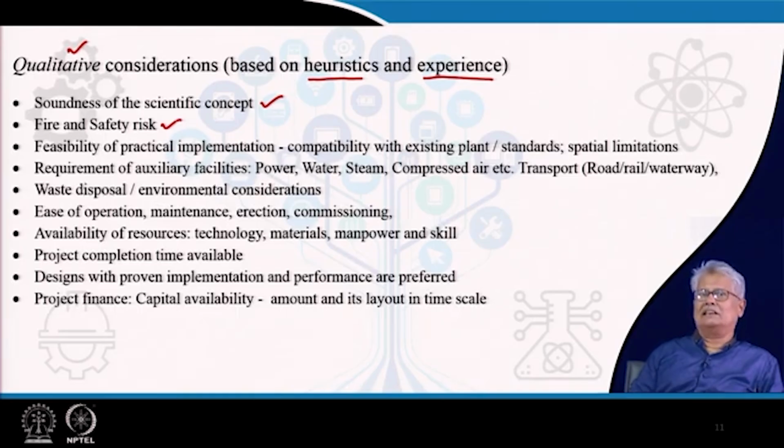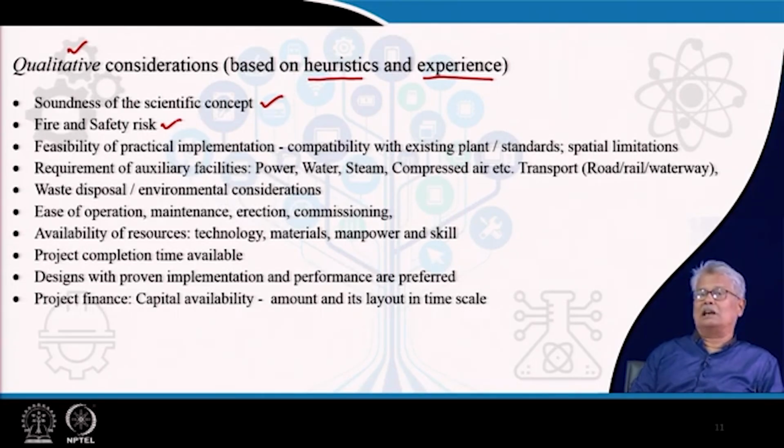You can understand how difficult the ease of operation was in the other case, and definitely while designing you have to give your considerations of the ease of operation, ease of maintenance, ease of erection and commissioning as well. These make a lot of difference, though it requires only a small amount of attention from the designer.